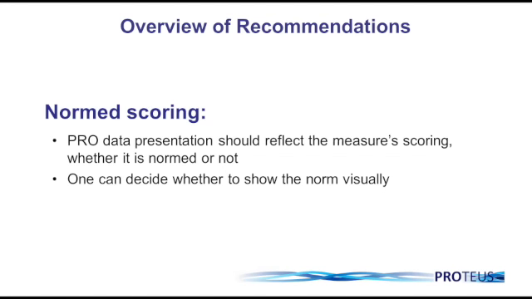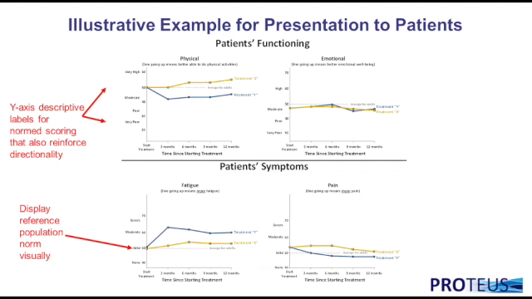The consensus panel recommended displaying the scores based on the questionnaire scoring metric, whether it be normed or not. They considered displaying the actual norm optional. This example shows normed scoring for display to patients.